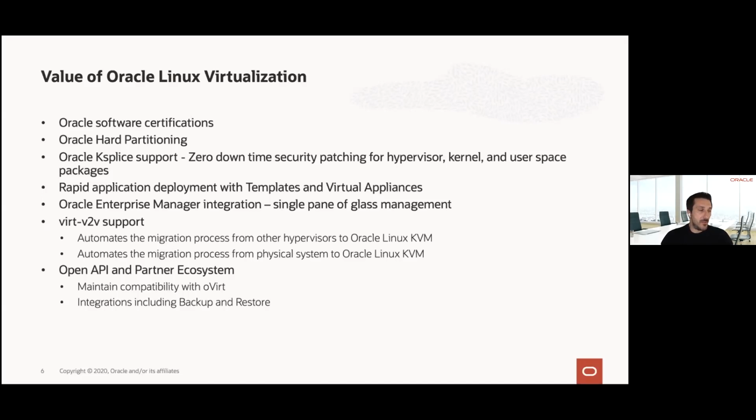Mostly when we started to announce Oracle Linux KVM and Oracle Linux Virtualization Manager, we had more customers looking for a solution on how to automate the migration from Oracle VM as well as VMware vSphere to Oracle Linux KVM. So we decided to work on this kind of open source utility, and we today support this open source utility that can be leveraged to automate the migration from other hypervisors as well as physical systems to Oracle Linux KVM.